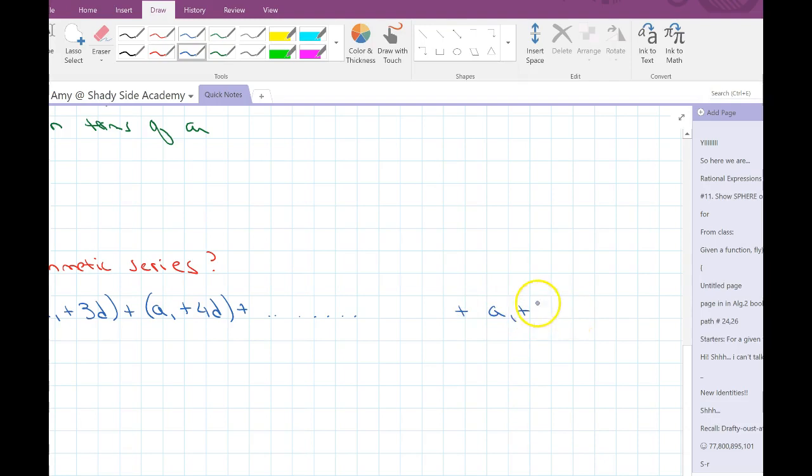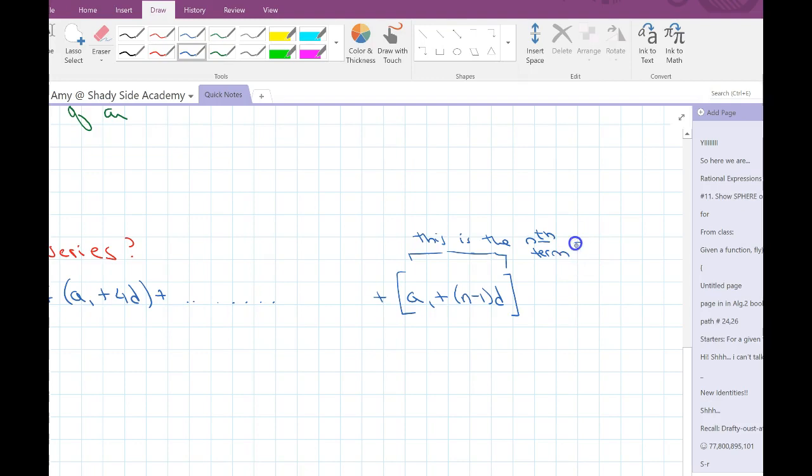Yes, n minus 1 d's. I'll put a bracket here. This is the nth term, after all. Or I could say this is equal to a sub n. It's the nth term. Okay, very good.